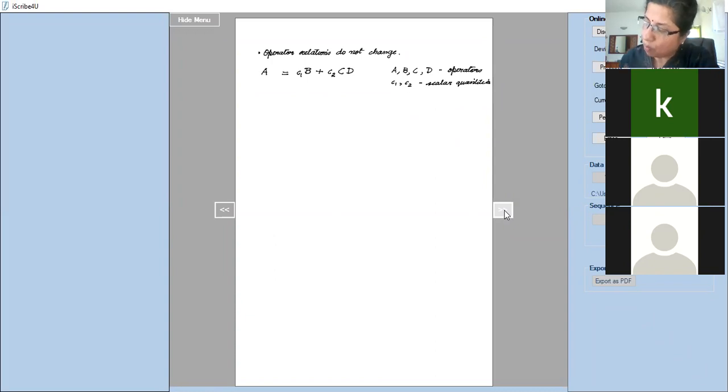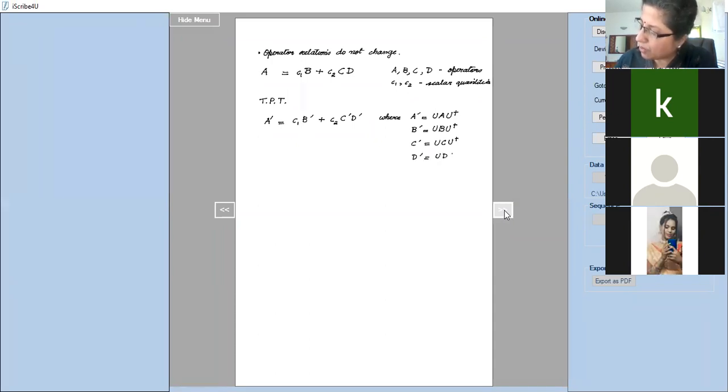So now, what do we need to prove? We need to prove that once everything has been transformed, A prime is equal to C1 B prime plus C2 C prime D prime, where A prime is equal to UA U dagger, B prime must be equal to UB U dagger, C prime must be equal to UC U dagger, and D prime must be equal to UD U dagger.